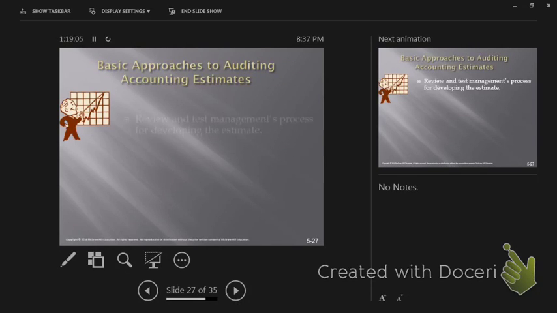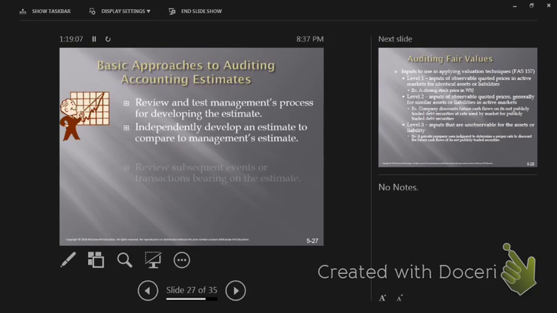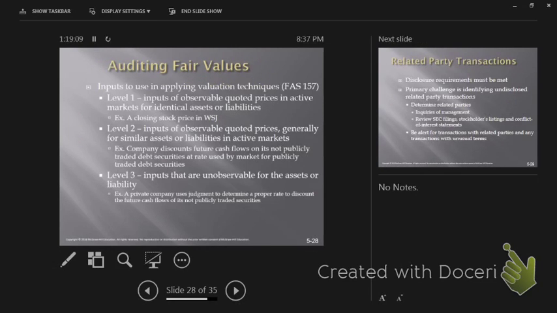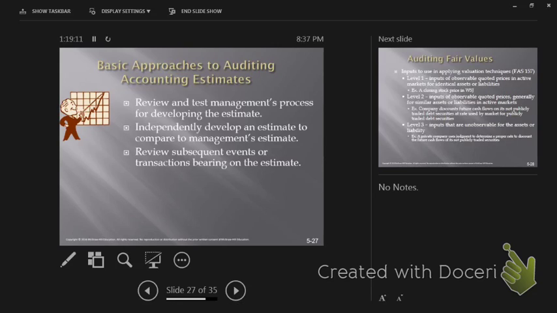All right, so how do we come up with estimates? Review and test to develop the estimates. We've got to be very careful when looking at management estimates, because estimates are where a lot of discrepancy can be used. It's very easy for them to tell us, this is what I did.